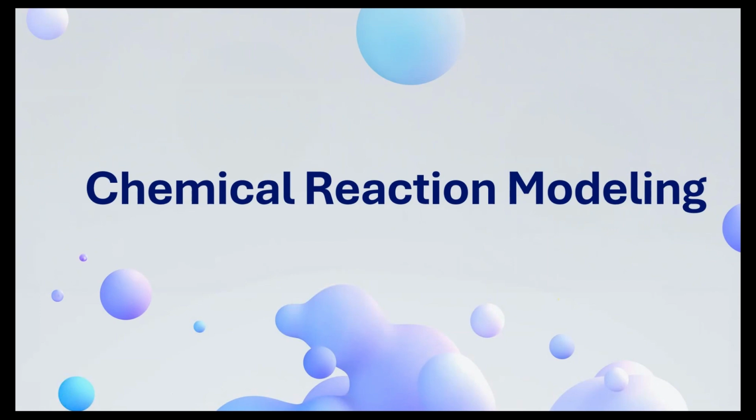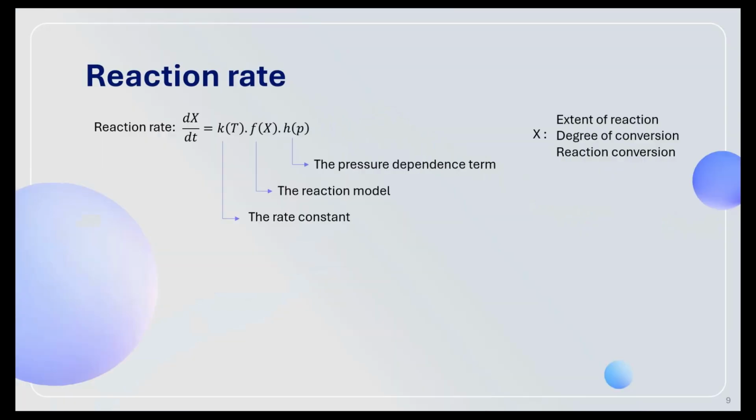With this introduction, let's go to the modeling of chemical reactions. Usually, this equation is used to describe a reaction. The name is reaction rate, and X here has different names in different references and books: extent of reaction, degree of conversion, reaction conversion.